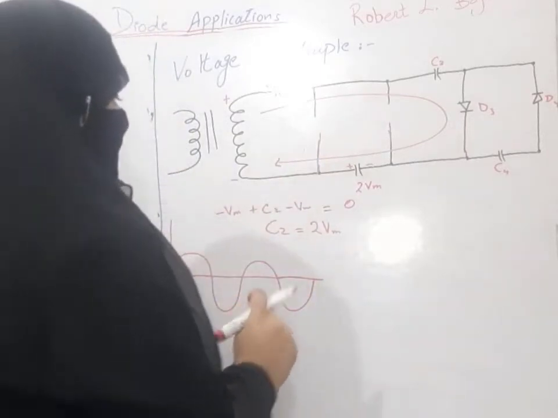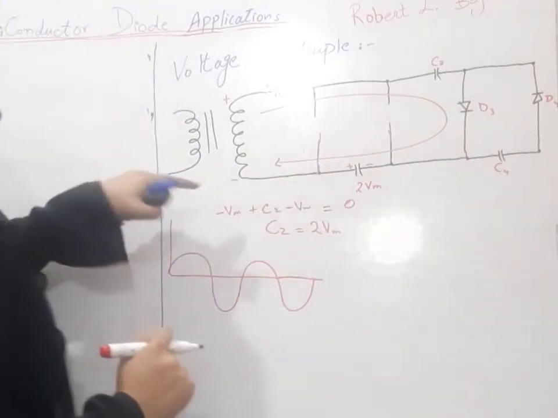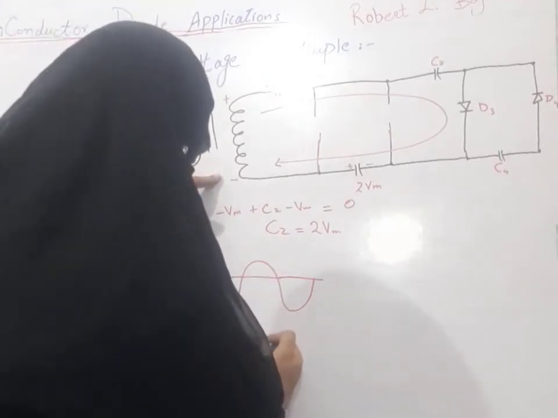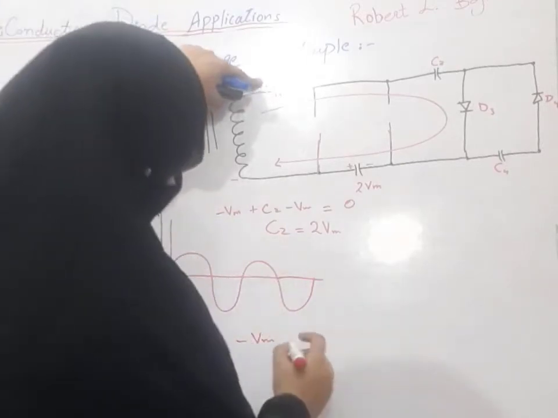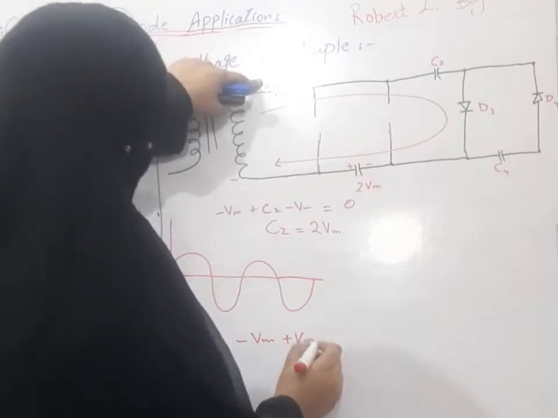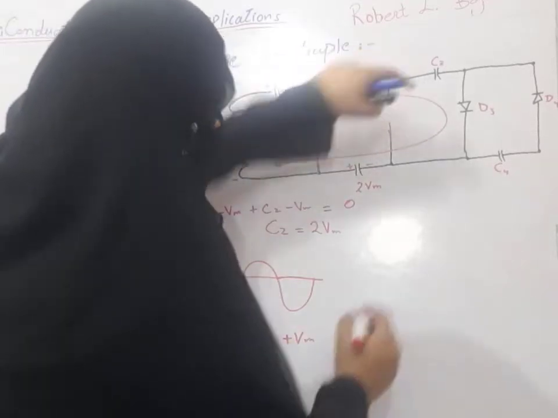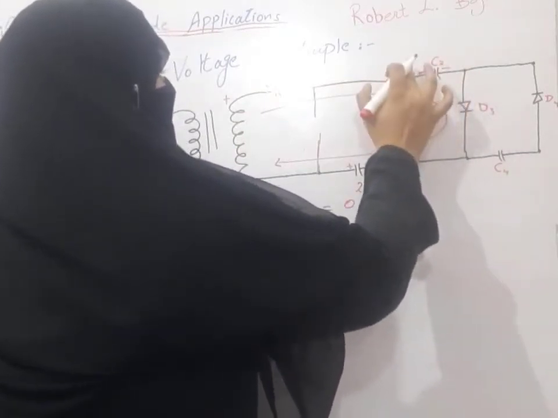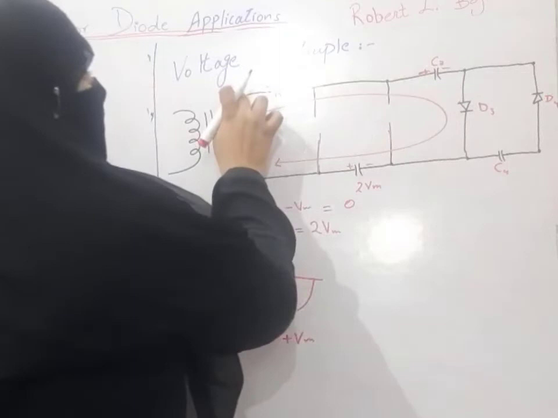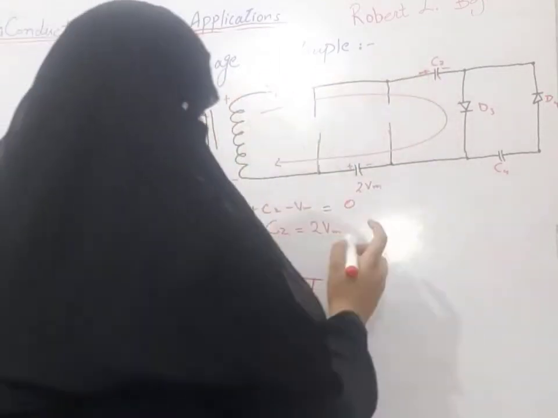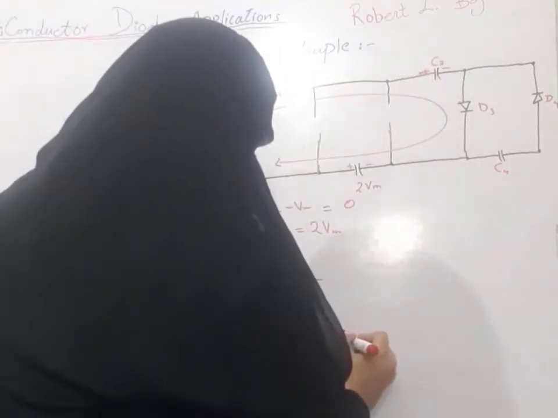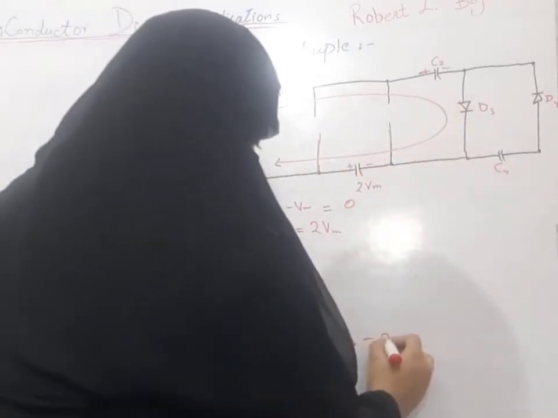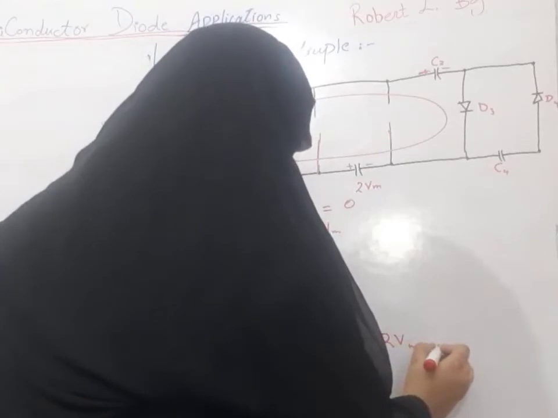Now again applying the KVL equation, we will have minus Vm plus Vm, plus C3, as C3 is connected to the plus terminal, minus 2Vm is equal to 0.